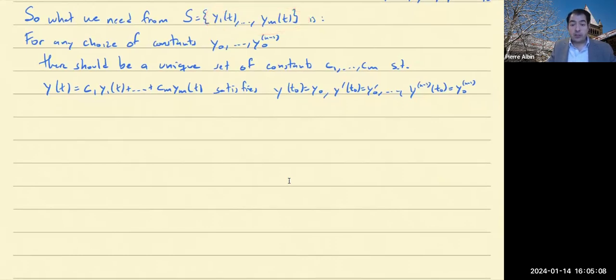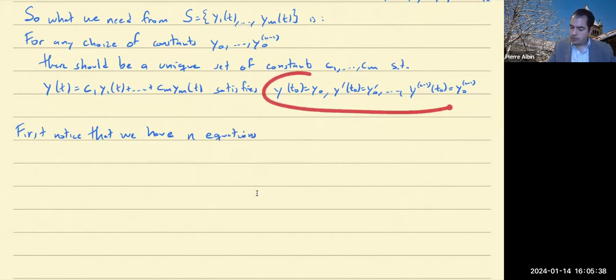We decided we wanted to be linearly independent just for efficiency's sake, and what we need is this. So first notice that we have n equations, right? Here are the equations.